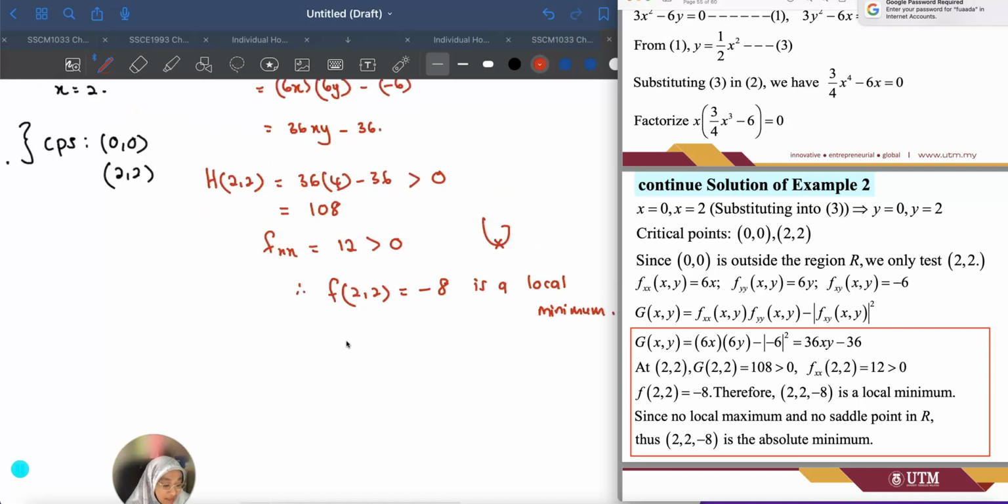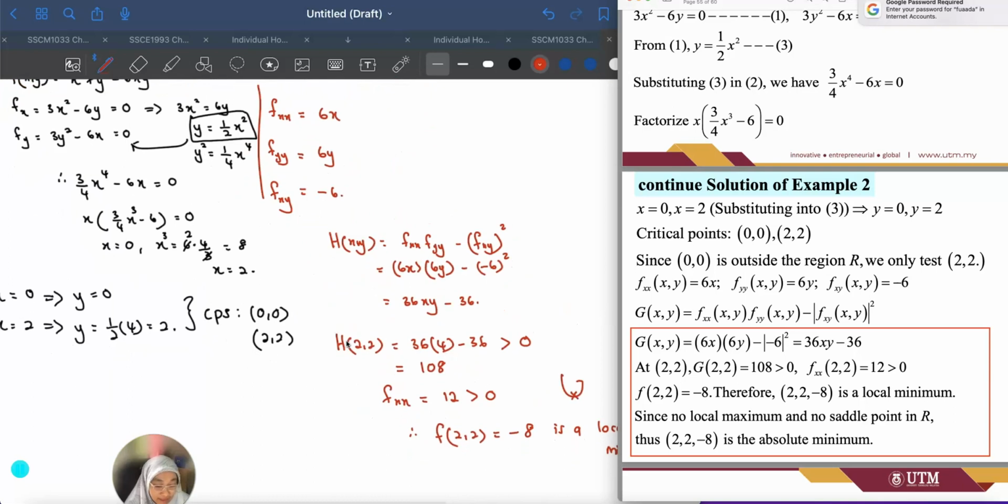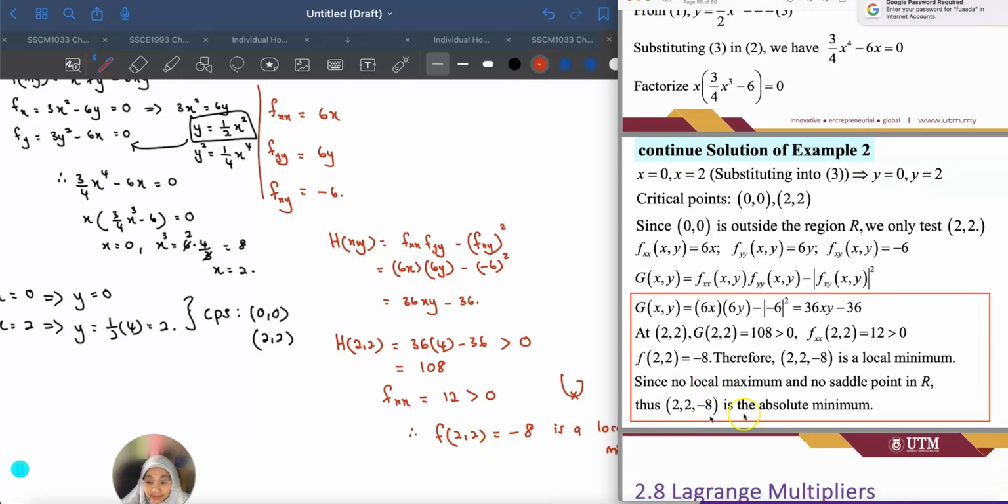But since there is only one point here, definitely you can say this one, negative 8, is the absolute minimum. You can see that there is no local max and no saddle. There is no other point, so you can definitely say that whatever you have here is the absolute minimum.